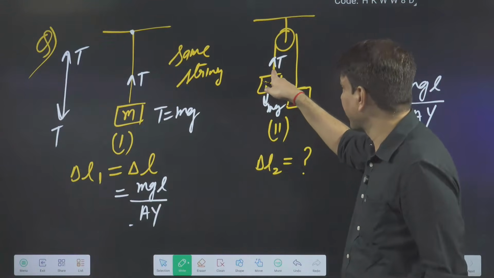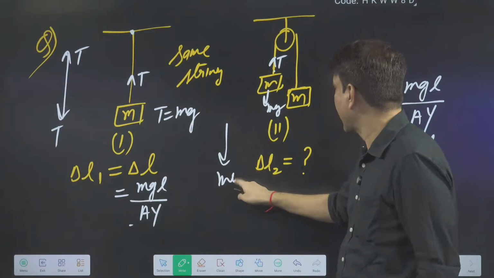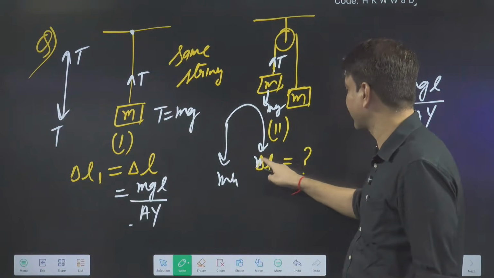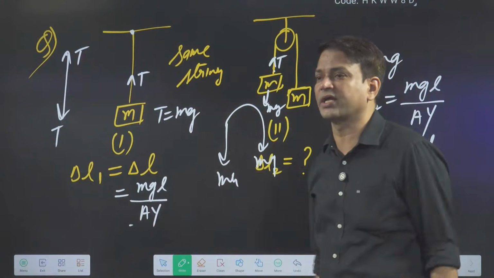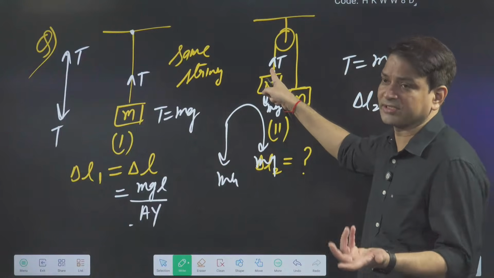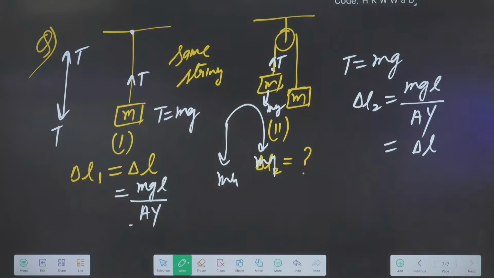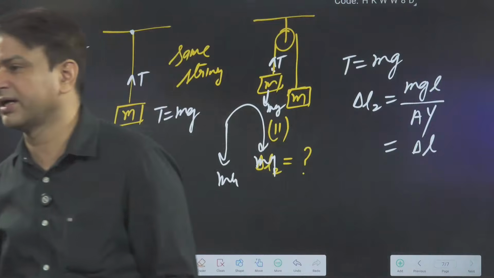This mass m is applying the tension mg down on the string, and the other mass m is also applying mg down. So ultimately, in the string the net force is mg in the opposite direction. Same situation, or not? So in this case also tension is mg. Now tension same, string same, then elongation will be same. Then we will get delta L2 is also delta L.